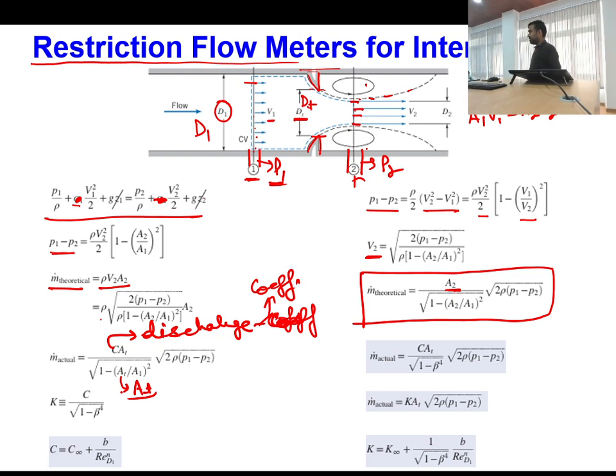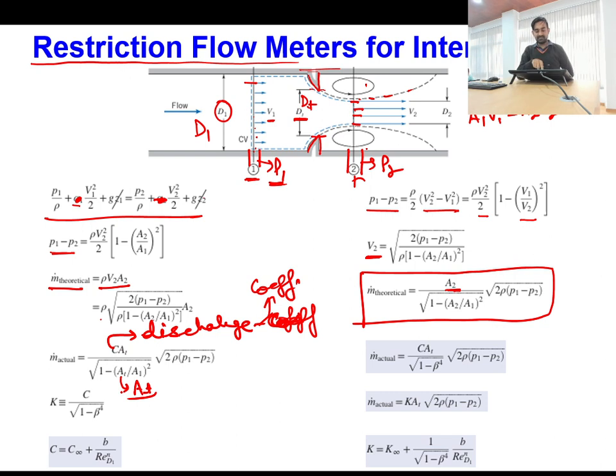Is this clear? Theoretically I should use A2, but within a pipe, it is not possible for us to identify the location or diameter of the vena contracta. In an opaque pipe, you cannot find the diameter of the vena contracta.